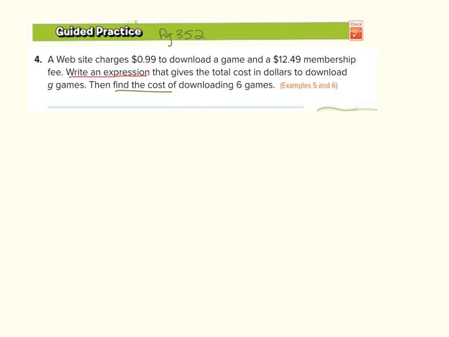So first of all, figure out between those two numbers, 99 cents to download, or the $12.49 membership fee, which one is going to be the multiplication? That's going to be this number, because this number is just your one-time fee.